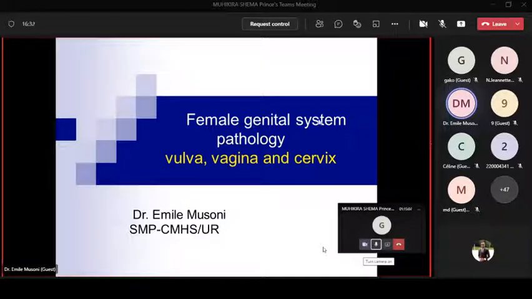It is not true. Breast disease is now in surgery, not only in gynecology, because breast diseases are similar in male and female. So we are going to start with the female genital system pathology.